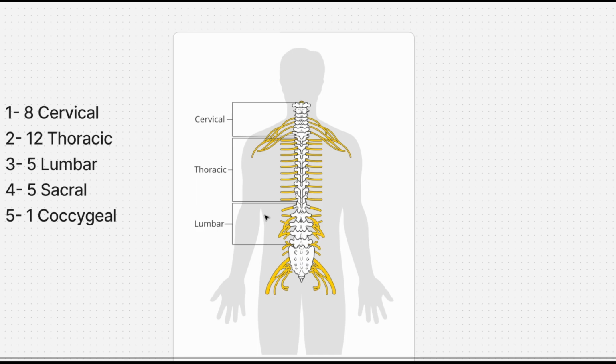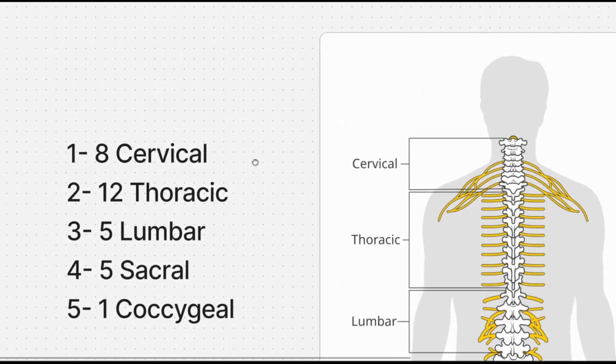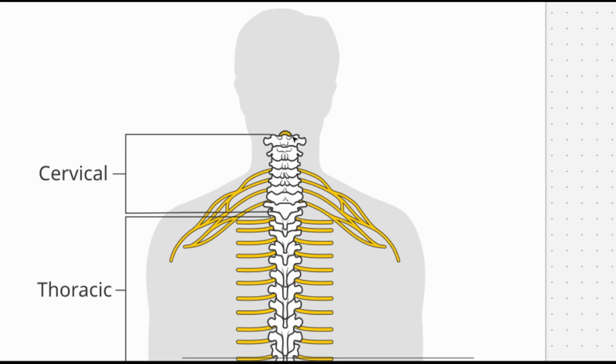What's interesting here is that if you remember the vertebral numbering, we have 7 cervical vertebrae and 12 thoracic. But here we have 8 cervical spinal segments. That's because the first segment you see here is above the first cervical vertebra. So this is vertebra number 7: 1, 2, 3, 4, 5, 6, 7.